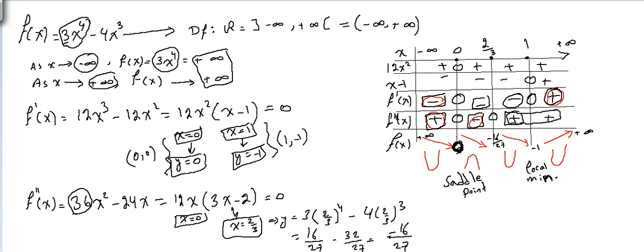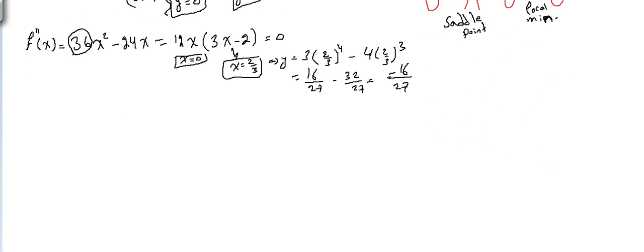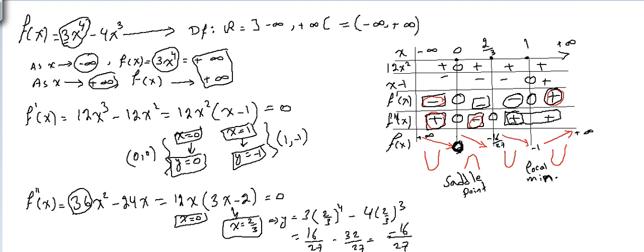Let's see. If we take the particular points here, if we take y equals 0, y is 3x to the power 4 minus 4x to the power 3. If we take it equal to 0, x cubed in common, 3x minus 4 equals 0.